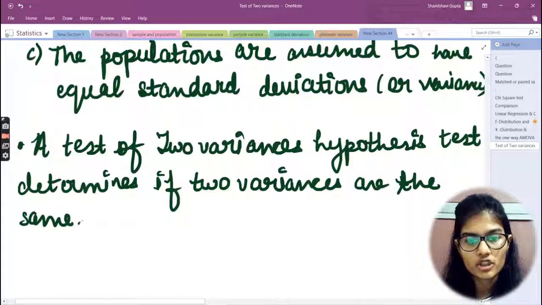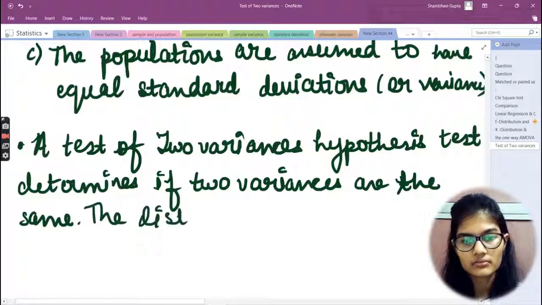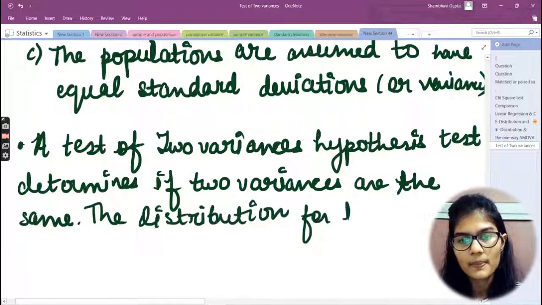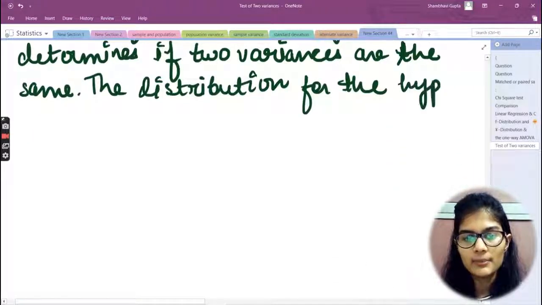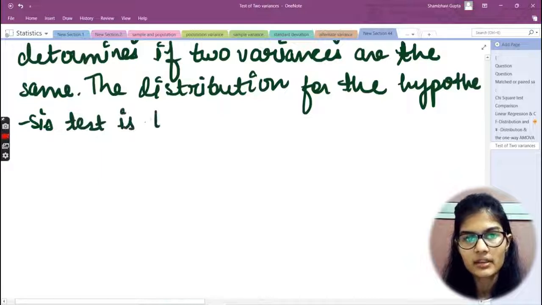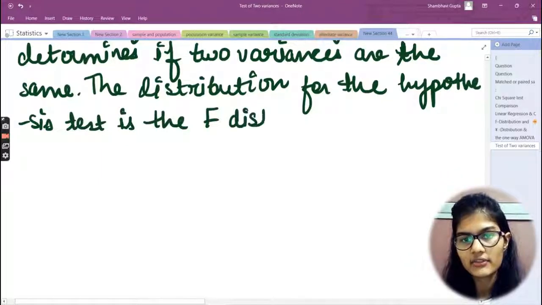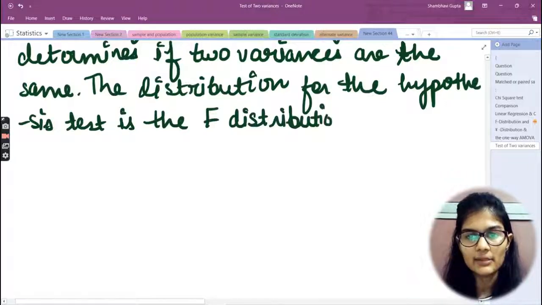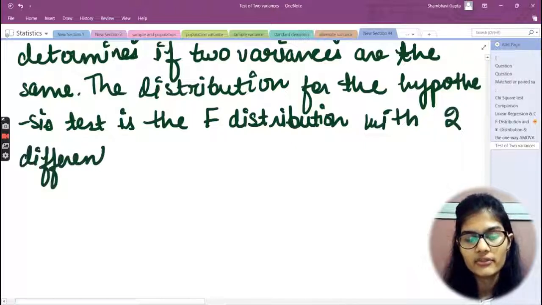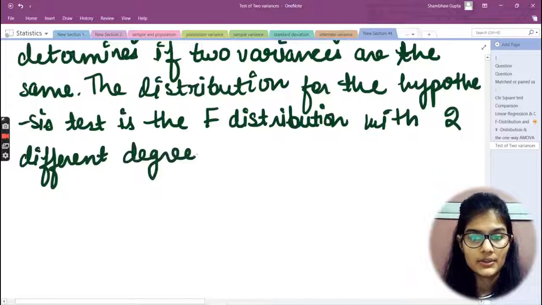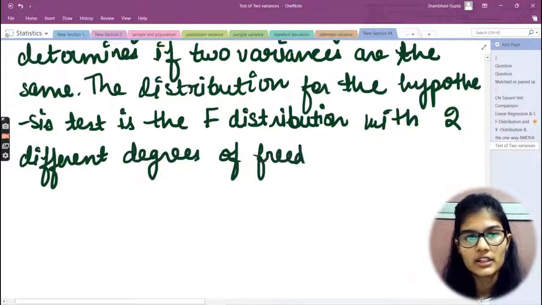The distribution for the hypothesis test is the F distribution with two different degrees of freedom.